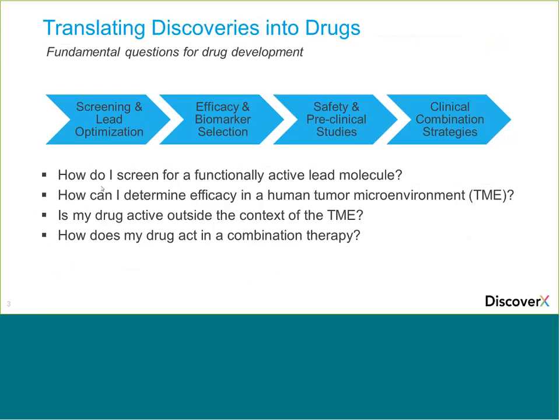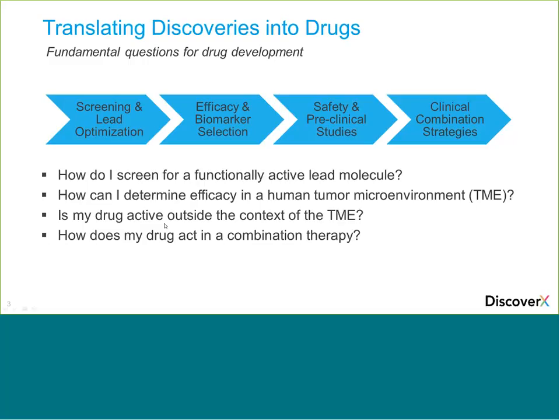The questions that often arise as you go through each of these stages are what we've highlighted below, and these are questions that we've often gotten from clients coming to us and asking, for example, how do I screen for an active molecule and optimize for that using a cell-based assay? Or how do we determine the efficacy of my lead candidate in a complex human tumor microenvironment, such as one that would be mirrored from the actual tumor within the patient?